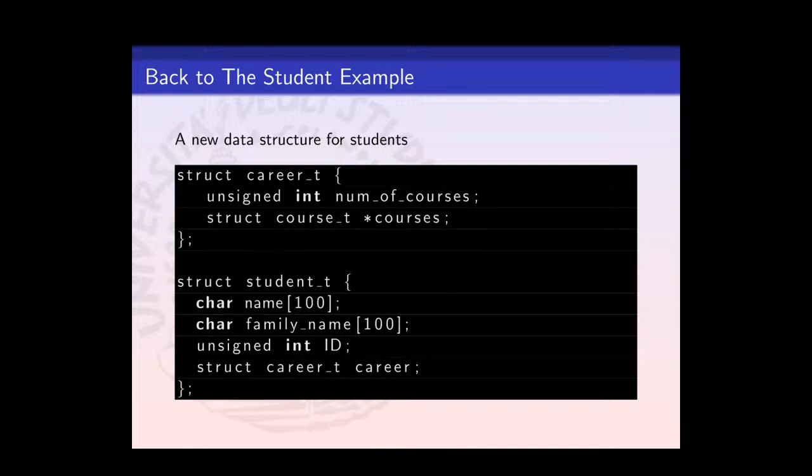Okay? So a new data type defined by using the struct syntax can itself be used as a type for the members of the data type. Okay?